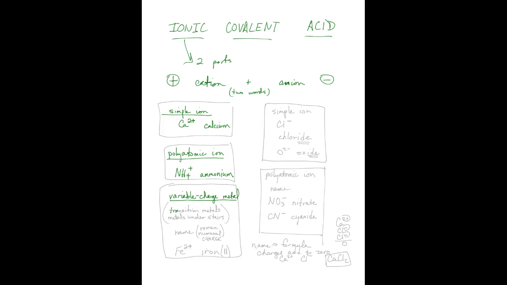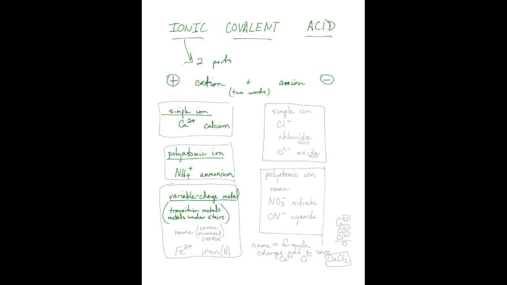Transition metals, for the most part, are variable charge, and metals under the stairs. By the stairs, I mean that dividing line between metals and nonmetals. Now, that isn't true for every single transition metal, but almost all of them are like this.